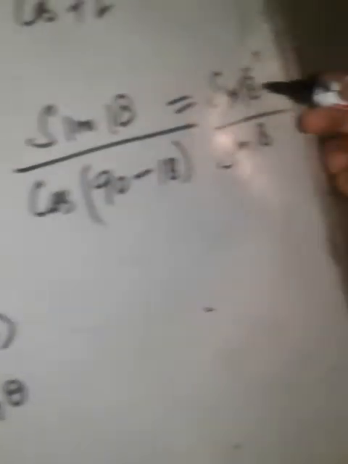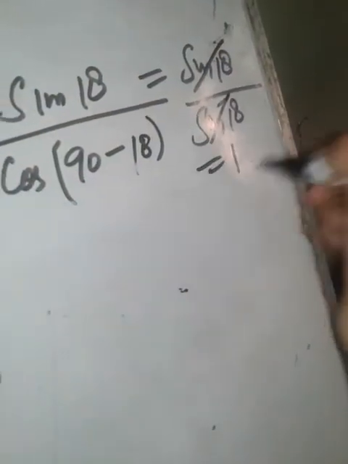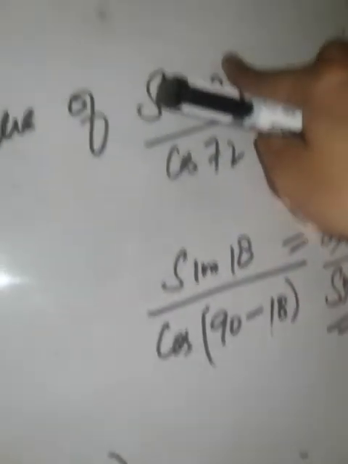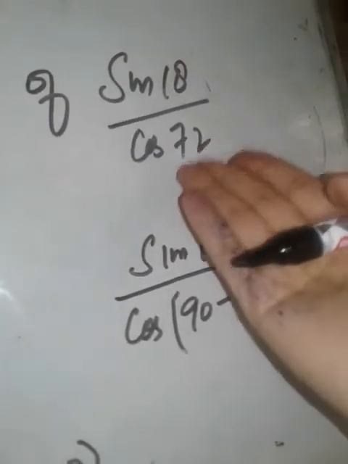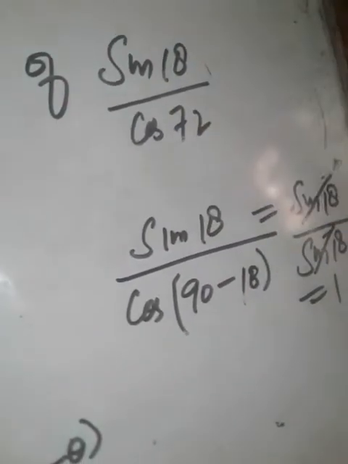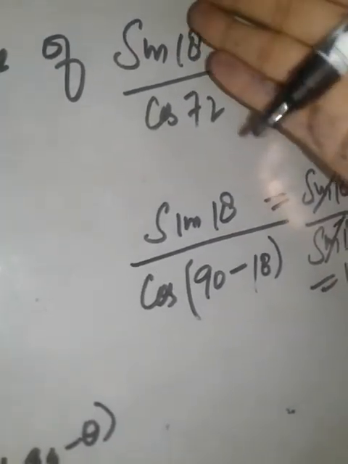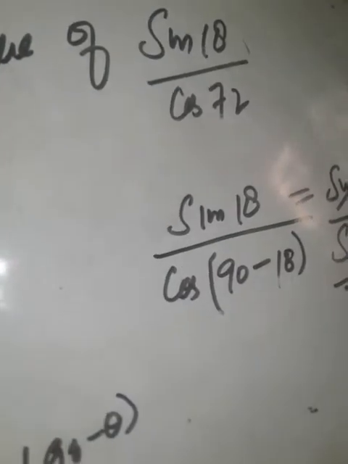So sine 18 cancels out and you get the answer 1. Either you change this ratio or you change that one. You have to change one of the ratios and you will get the answer.